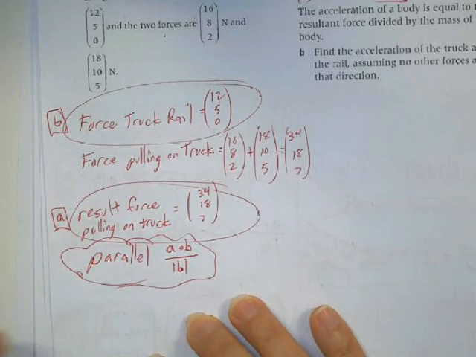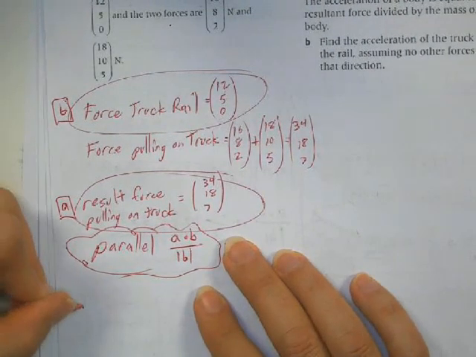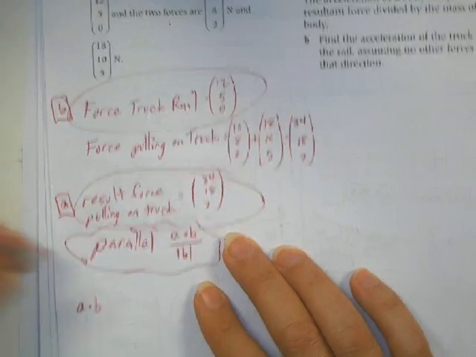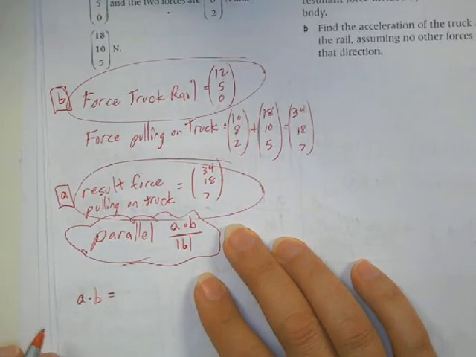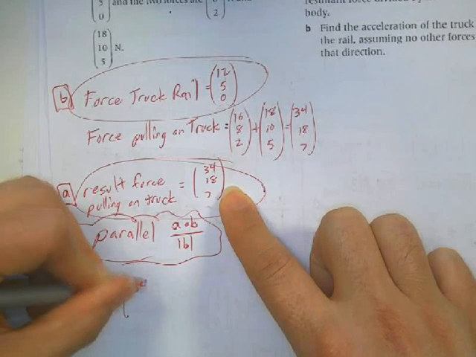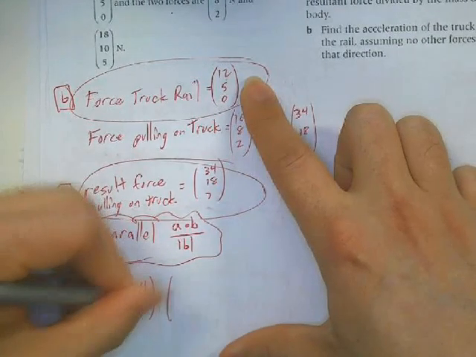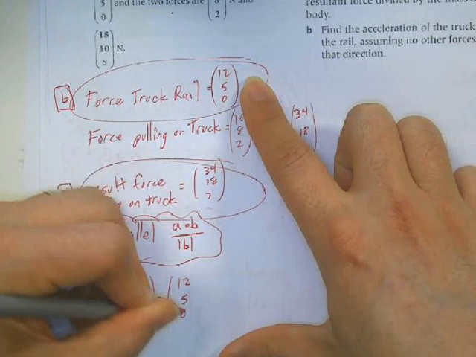Okay, so let's figure out what A dot B is. A dot B is equal to 34, 18, 7 dot 12, 5, and 0.